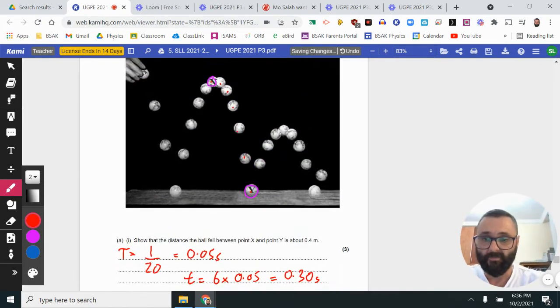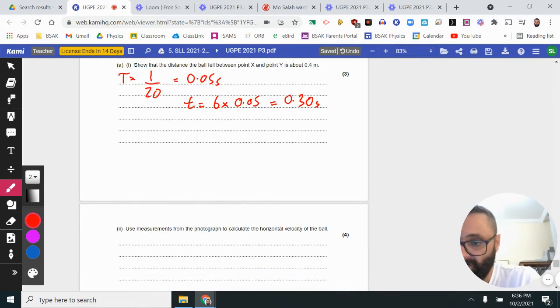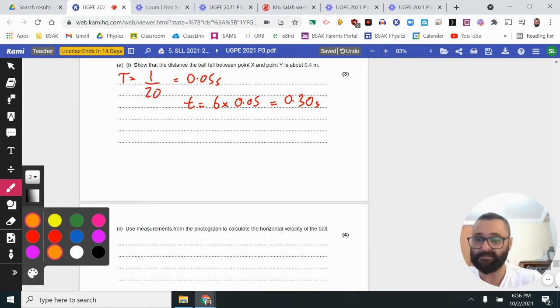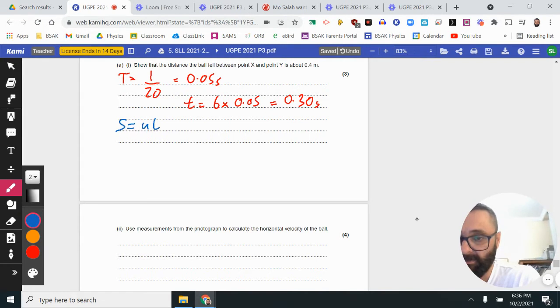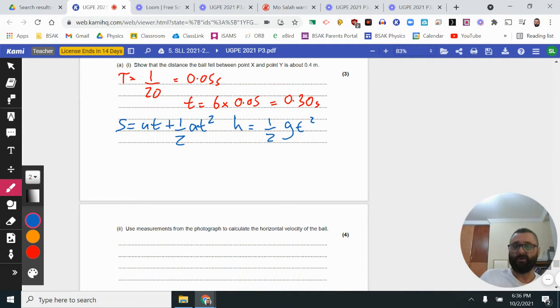Okay. What else do we know? Well, we know the initial velocity is 0. And we know acceleration downwards is 9.81 meters per second squared. So it's a SUVAT, isn't it? Now, when we have balls dropping from rest, the most obvious SUVAT to go for would clearly be S equals UT plus a half AT squared, which beautifully becomes H equals a half GT squared because it's dropping from rest.